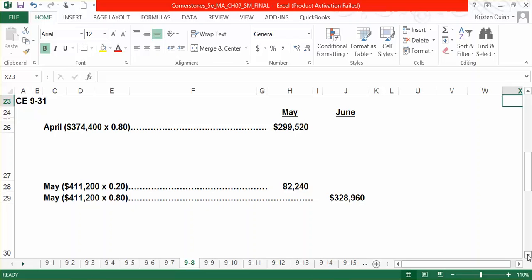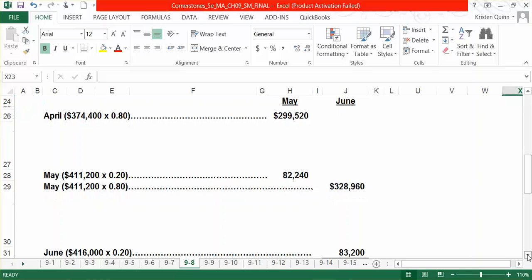We take the full balance of the $416,000 and multiply it by the percentage we plan to pay in the month of June, in this case, 20%. So in the month of June, we anticipate paying $83,200 towards the purchases that we've made for direct materials.